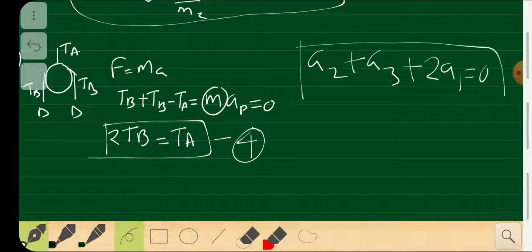Now I'm going to substitute a2, a3 and a1 into this equation.